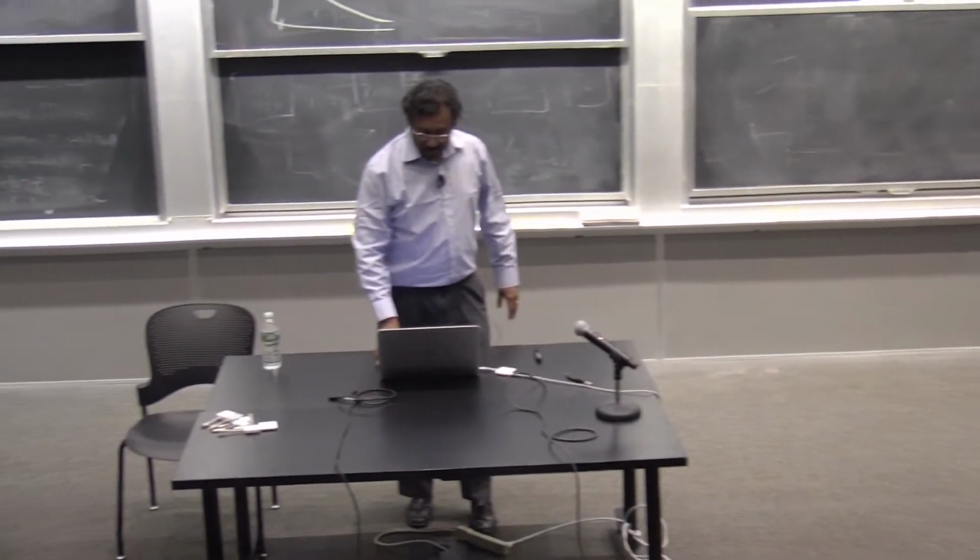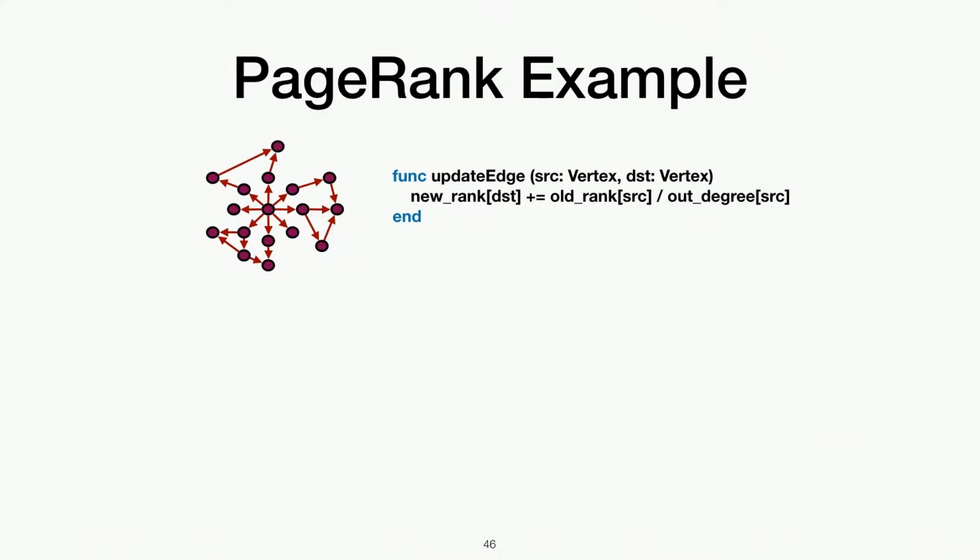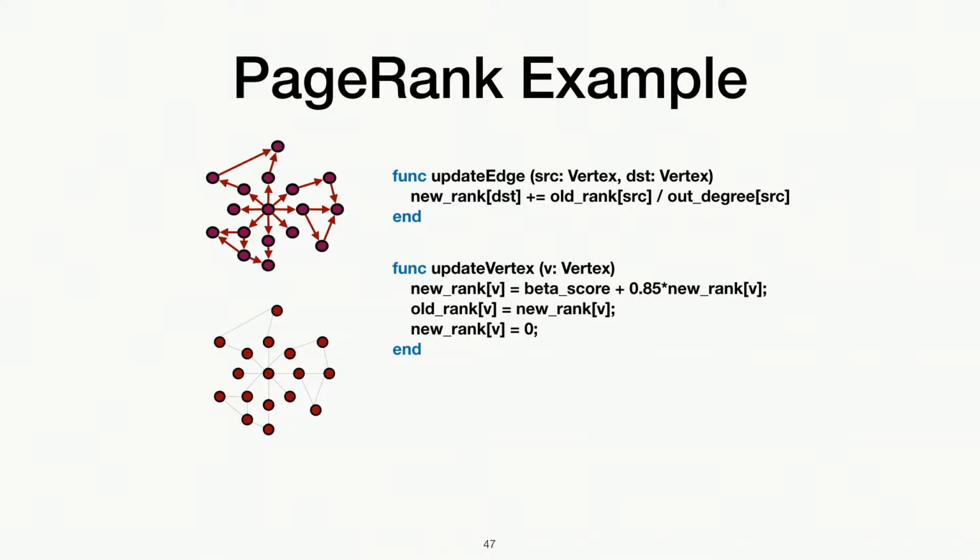Now, if you look at PageRank, it has 2 interesting update functions. One is updating, looking at edges. So what it says is new rank, I get the destination edge, and it gets updated using all the source edges in here. This is the update function, a very simple update function. And then once you do that, for each vertex, I go do an internal update.